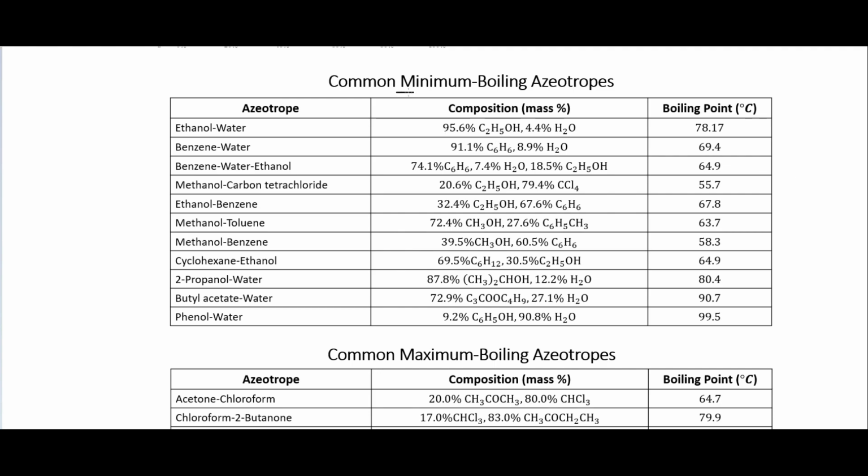So this top one are common minimum boiling point azeotropes. So for instance, ethanol and water, when you try to distill that, you will get 95.6% ethanol and 4.4% water acting like your pure substance. And there are other ones here like benzene water, ethanol, and so on and so forth.